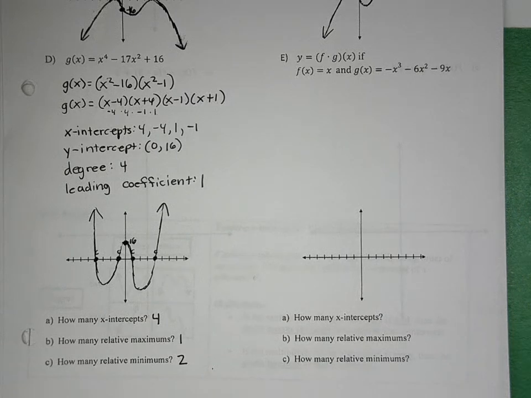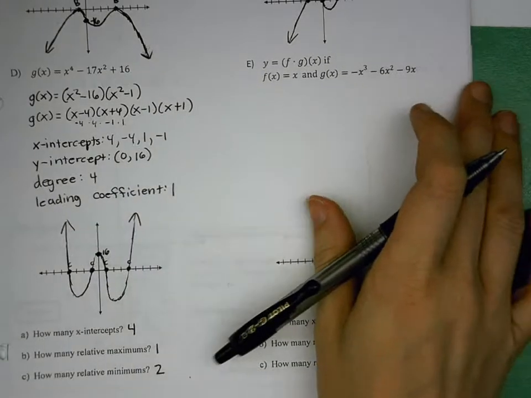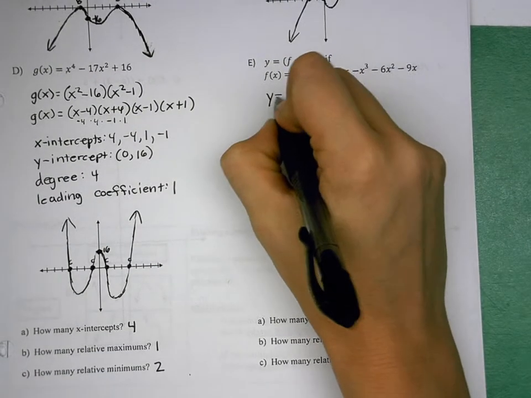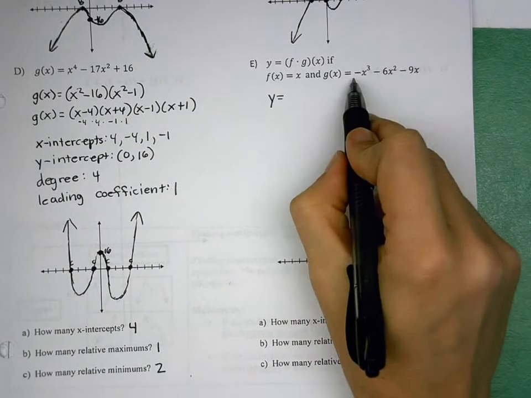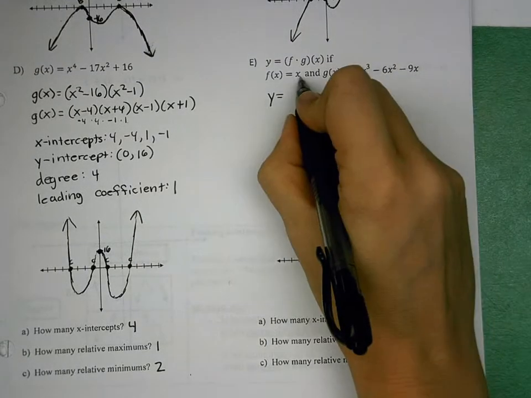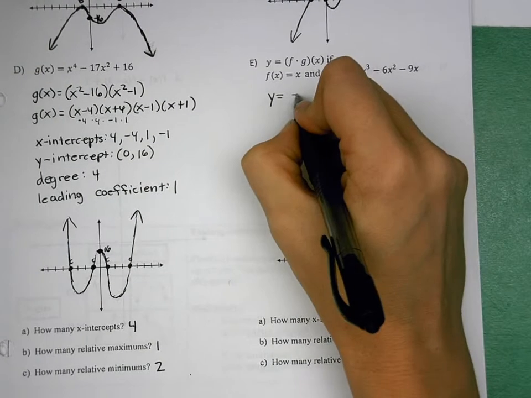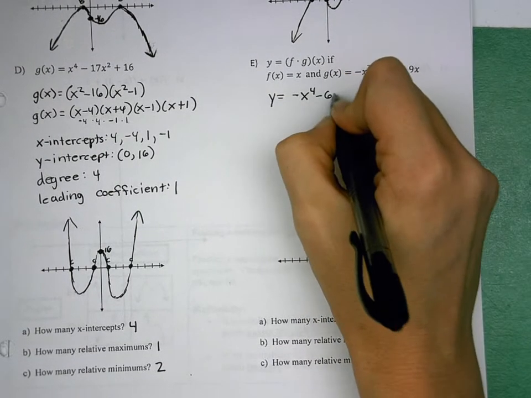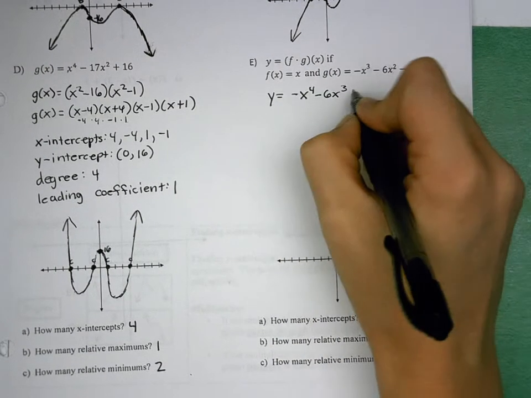Okay, so with E here, our function is f times g. So my function is going to be x times this negative x cubed, negative 6x squared, minus 9x, which if I multiply that by x then means we are negative x to the 4th minus 6x cubed minus 9x squared.